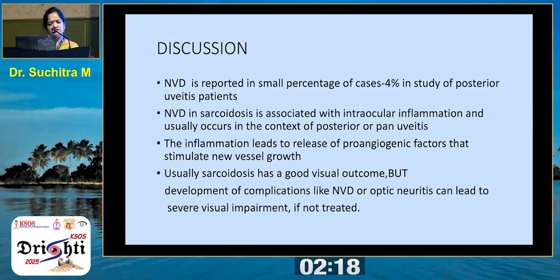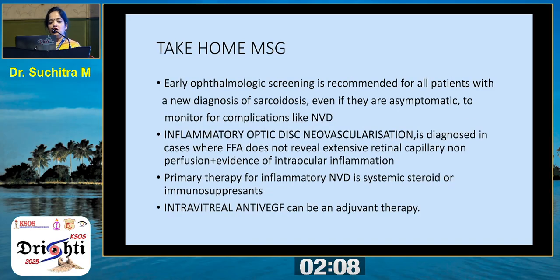Usually sarcoidosis has a good visual outcome, but complications like NVD or optic neuritis can lead to severe visual impairment if not treated. Early ophthalmologic screening is recommended for all patients with newly diagnosed sarcoidosis, even if asymptomatic, to monitor for complications like NVD.